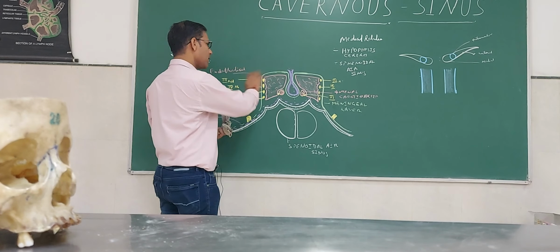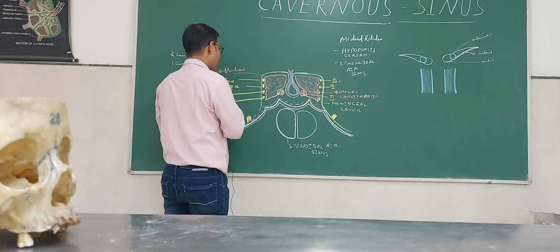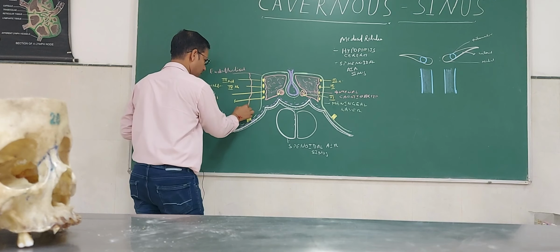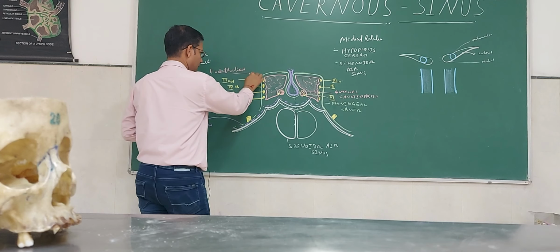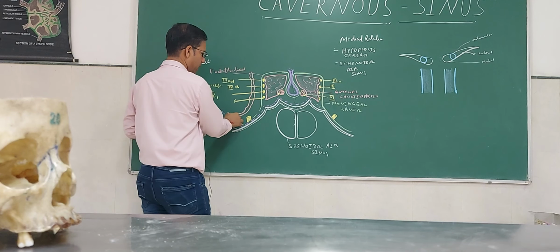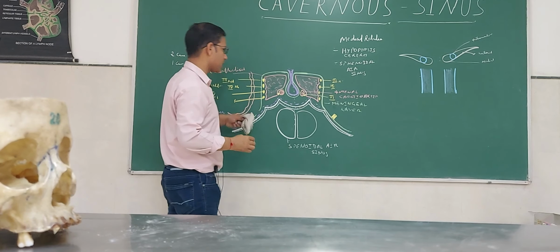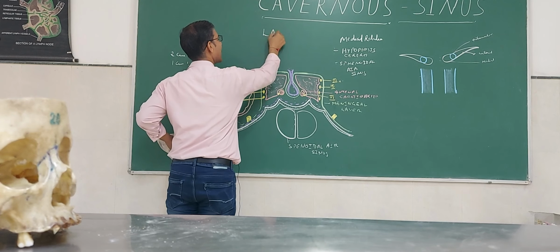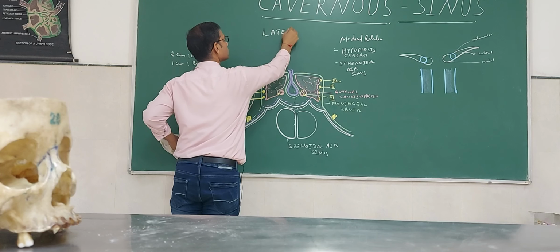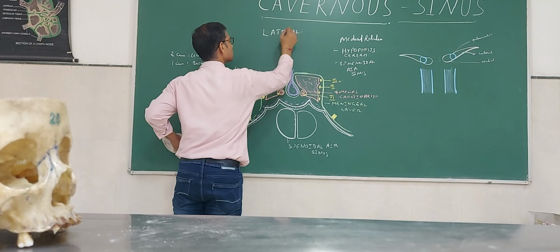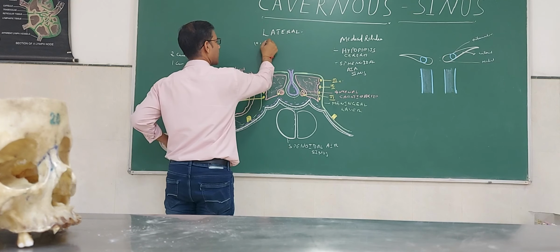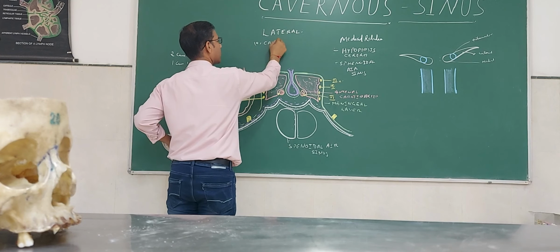Now coming reciprocally to the lateral aspect, I am drawing the brain area here, and you can see there is a structure. Laterally there is the cavum trigeminale.